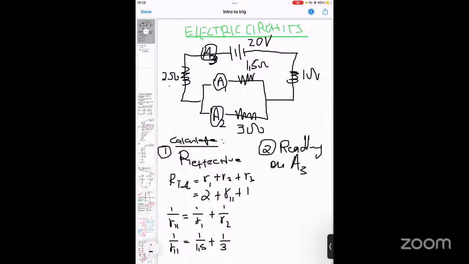A3, it is that ammeter 3 over there. Let me add more questions. Let's say V1. This is V2. That will be V3.